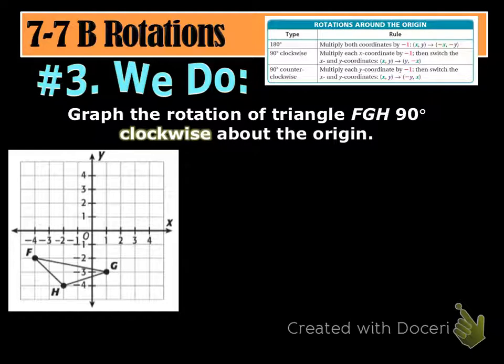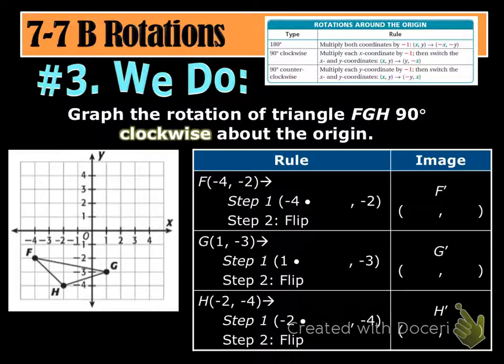Now, example 3 shows us that we graph the rotation of triangle FGH 90 degrees clockwise. Again, I'm going to make up my chart. It says, going 90 degrees clockwise, multiply each of the x coordinates by a -1. So when I do that, I'm going to get 4, -2. I'm going to get -1, -3.